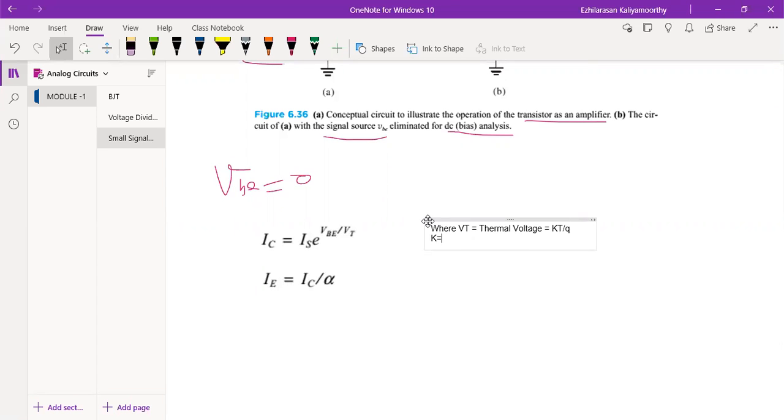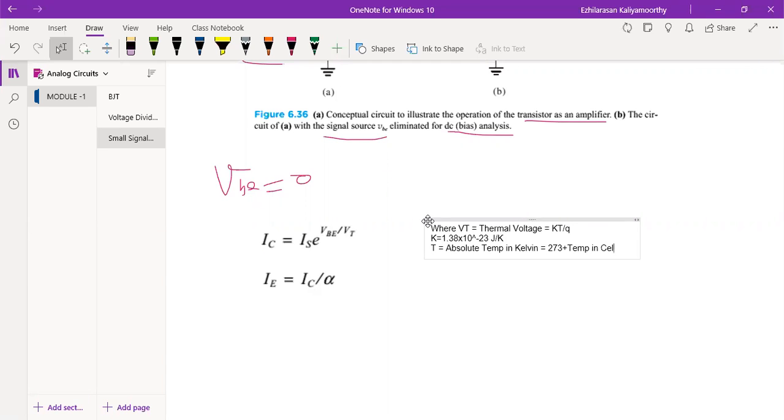The value is 1.38 into 10 to the power minus 23 joule per Kelvin. Next term, T, is the absolute temperature in Kelvin. How do we find it? Simple, it is 273 plus the temperature in Celsius.